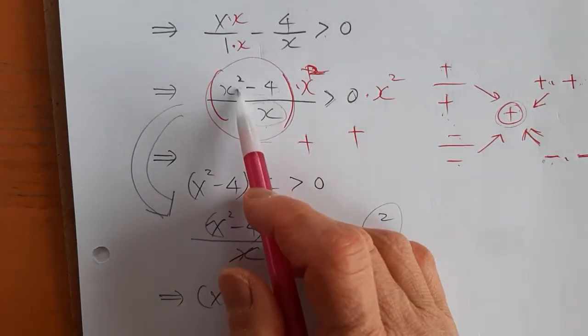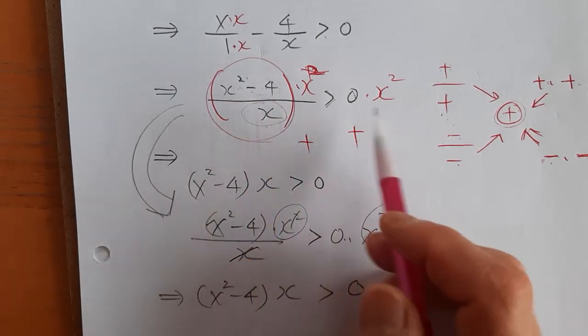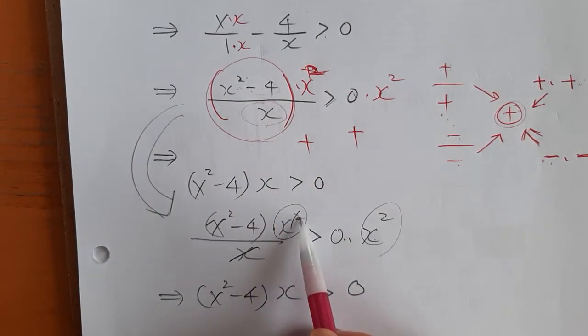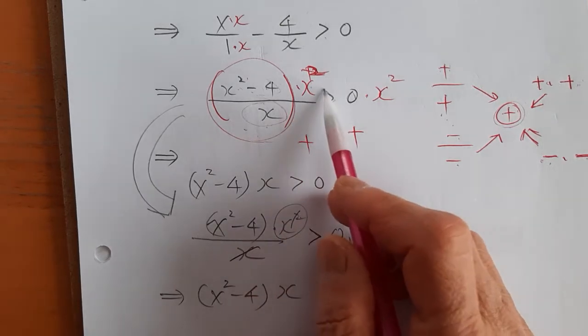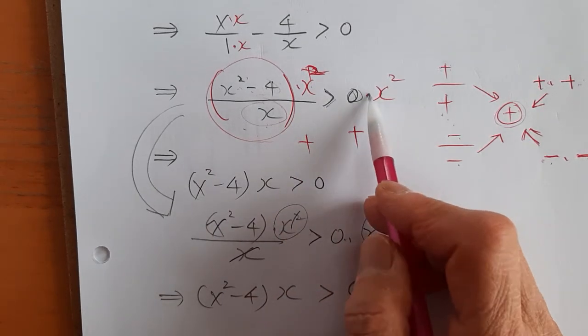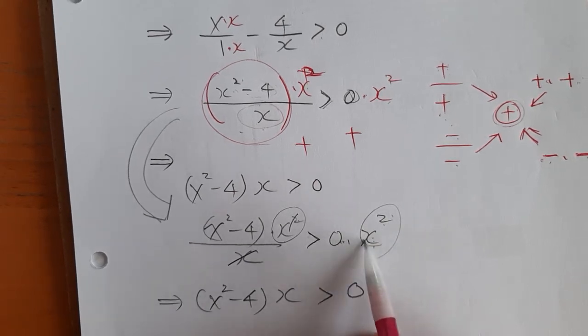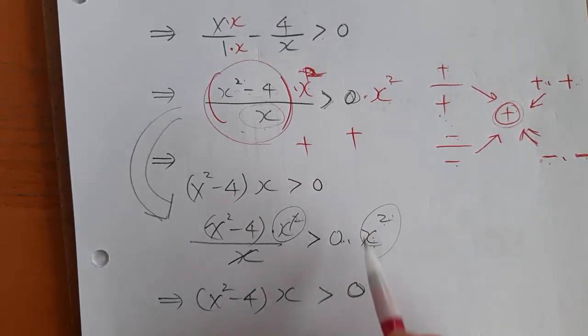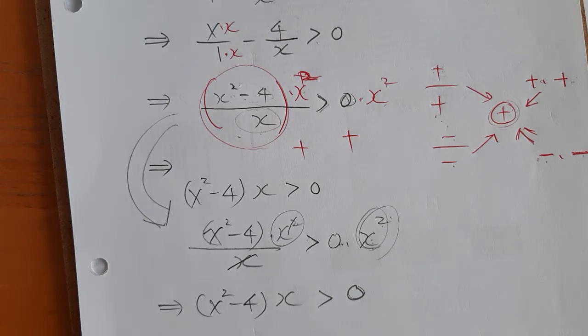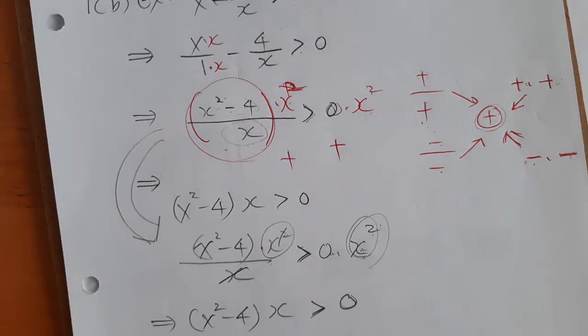So this one, x squared minus 4 over x, you times by x squared. On the left, greater than 0 times, on the right, also times by x squared. And 0 times x squared is 0. And since x squared is positive, you times both sides by a positive, greater than is still greater than. You do not change the inequality.